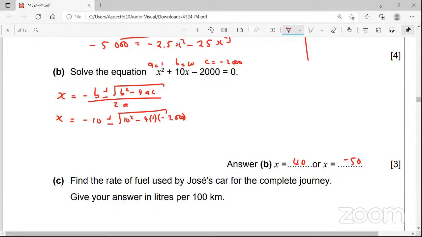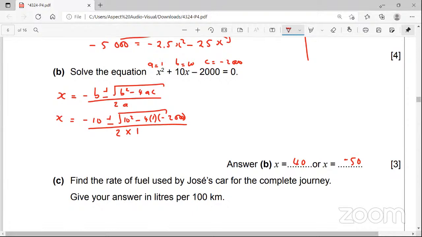Now, the mistake some of you make is you don't write that 2000 as a negative, and then you get a negative in the square root. So please take the sign. Are you together? And then you divide that by 2 times your a, which is 1. Are you together till there? Okay, what did you get inside there?